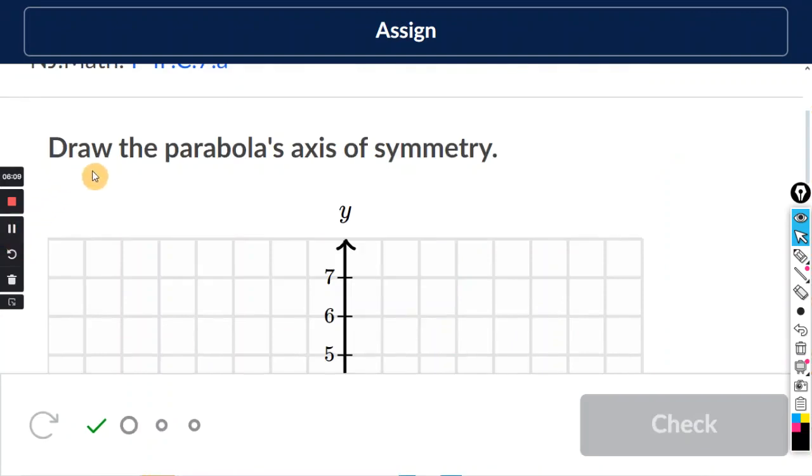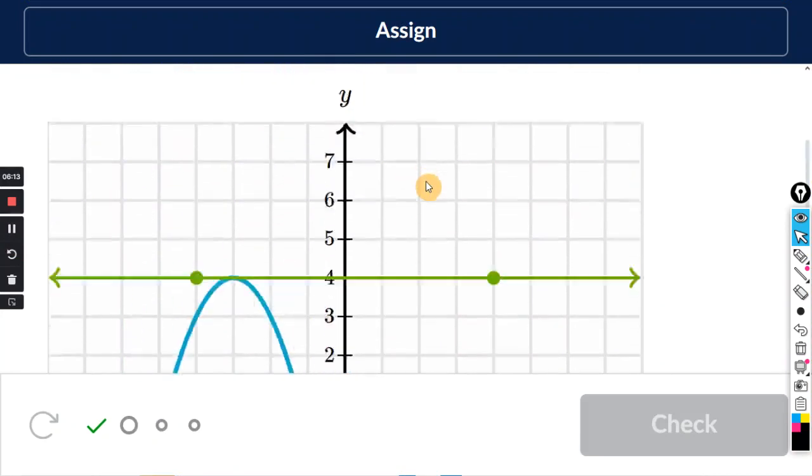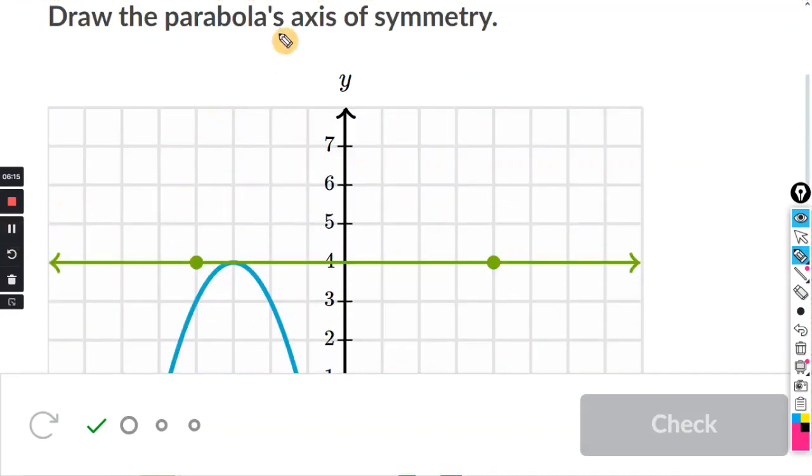Here they want us to draw the parabola's axis of symmetry. The axis of symmetry is going to go through the vertex. It's going to be a line, and it goes through the vertex.